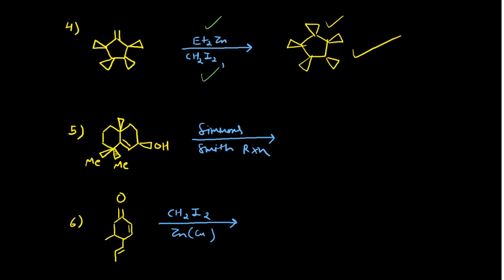Now again you are doing the Simmons-Smith reaction for this one. So this reaction you can do by your own. This is the OH group which is beta. So this 3-membered ring which will be formed here should also be beta. So let me draw the structure for you. Say this is this system.